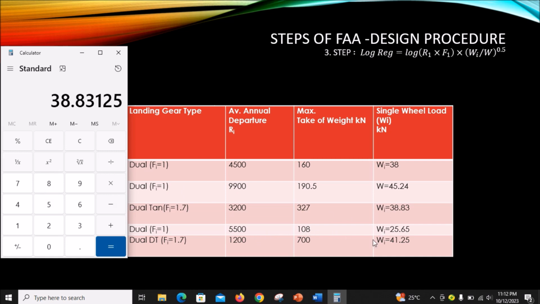We do it by 4. Then the last one, let's verify the last one. The last one is 700 multiplied by 0.95, divided by 16. What do we have? We have 41.56, which is still close. That is how we're able to get our single wheel load.